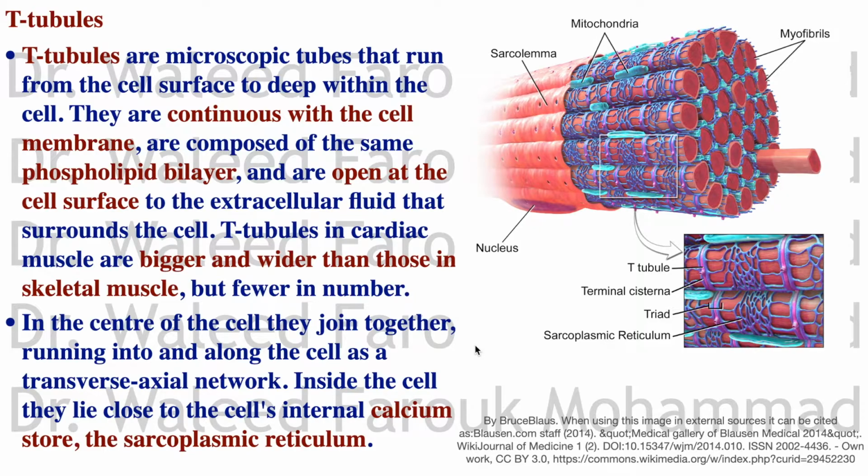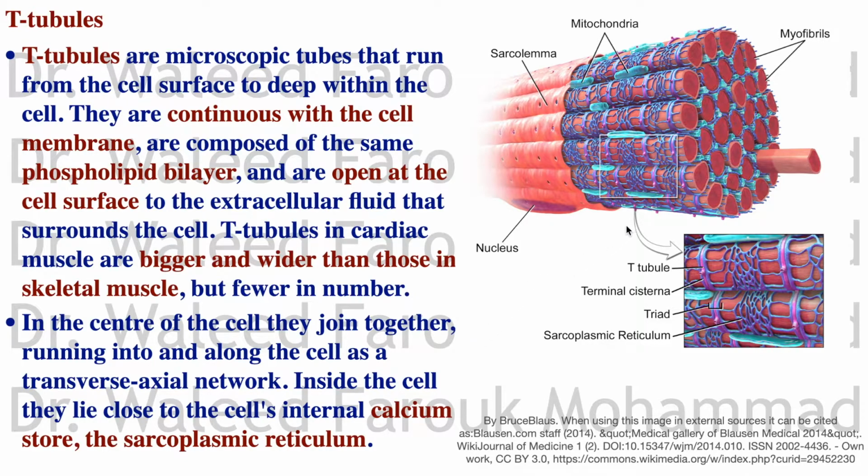The T tubules in the cardiac muscle are much bigger and wider than those in the skeletal muscle. They join together in the center of the cell, and inside the cell they lie close to the cell's internal calcium stores, which are the sarcoplasmic reticulum.